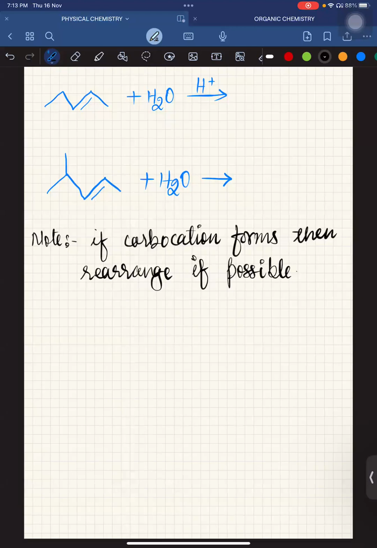Yeah, don't take much time because it's not that tough. I hope you will understand. You only need to add H plus and OH minus at the possible positions.